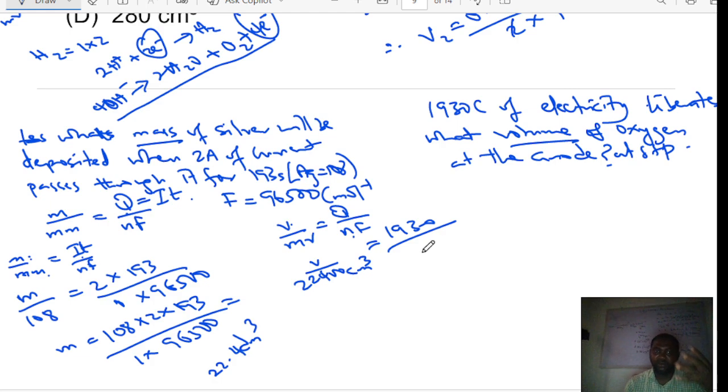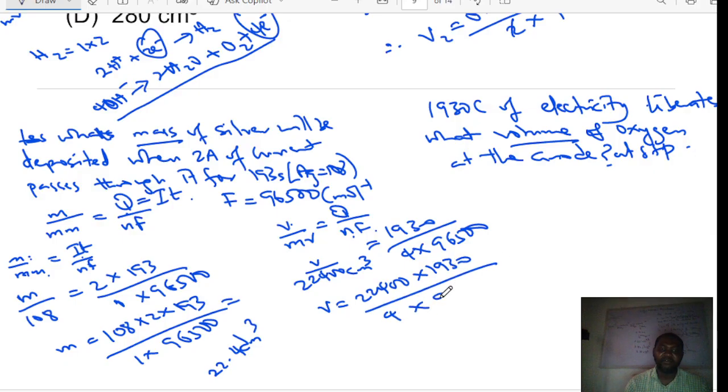So this is 4 times Faraday's constant, 96500. To find the volume, cross multiply: 22,400 multiplied by 1930 divided by 4 times 96500. So you can use your calculator to get that and send me your answers.